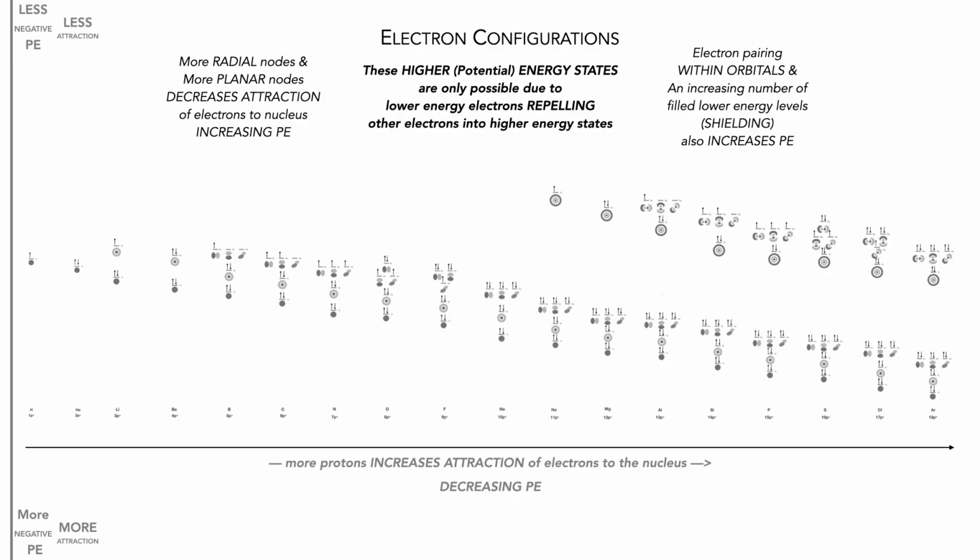The only reason why electron-electron pairing is associated with a higher energy state is because of that repulsion in that given orbital. And of course, as we have lower energy levels filled, those exist as a shield to the attraction of higher energy electrons to the nucleus. And so therefore, those higher energy electrons are even less attracted as we fill lower energy levels.